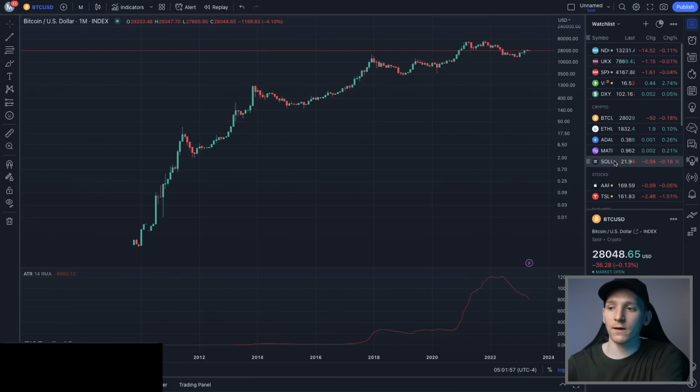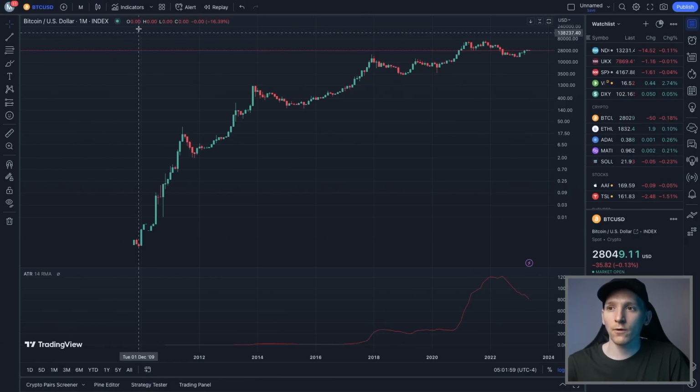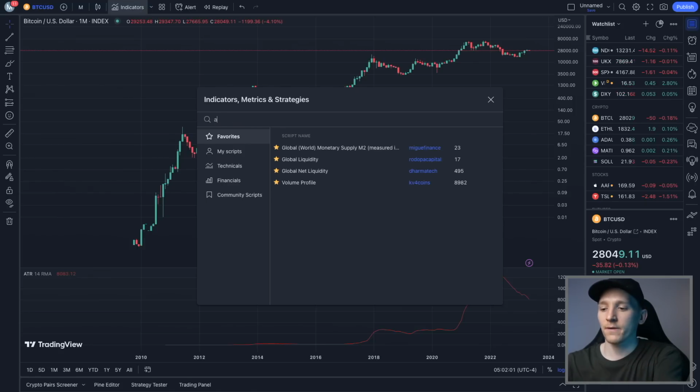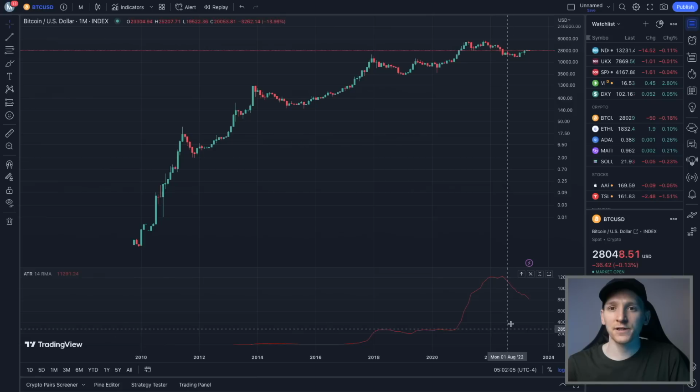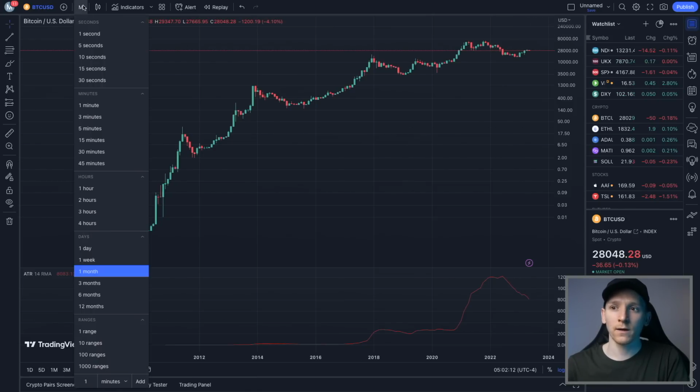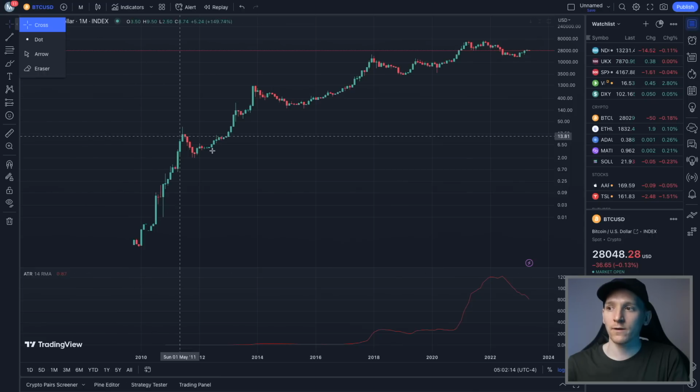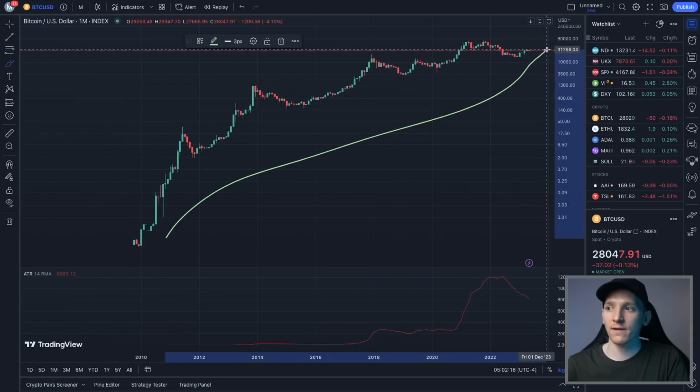As we can see here from Bitcoin, if you go to indicators and then type in something called ATR, which is average true range, this gives us an indication of how much the price of an asset can move in any given time frame. For right now, I've got the month chart right here. This is the month chart for Bitcoin, and as you can see, it's a secular growth asset, right?